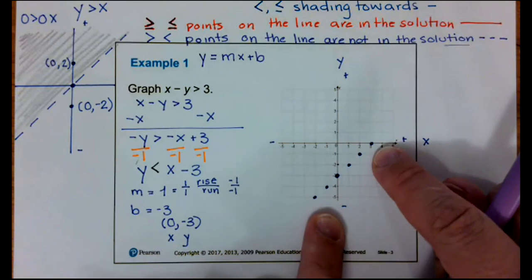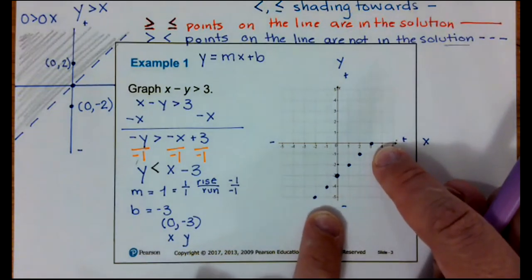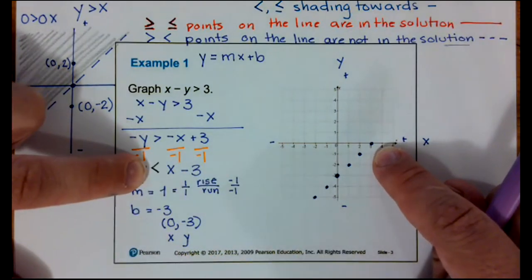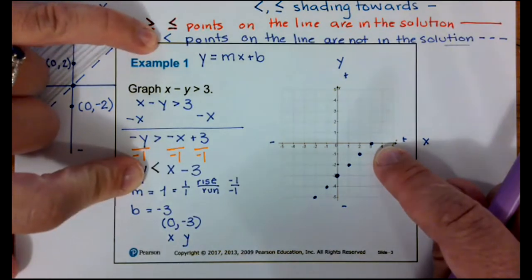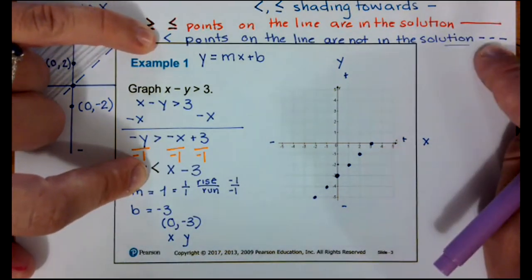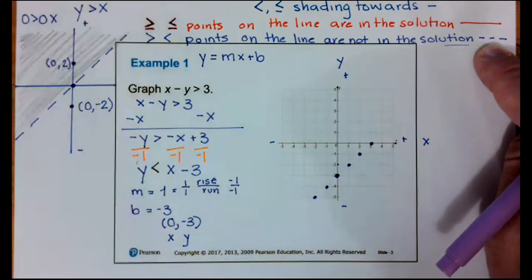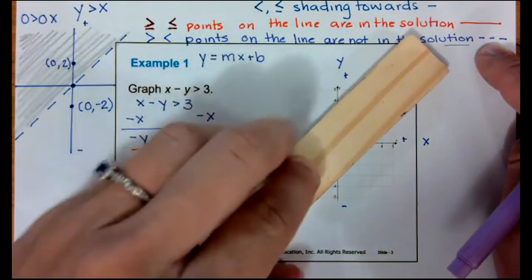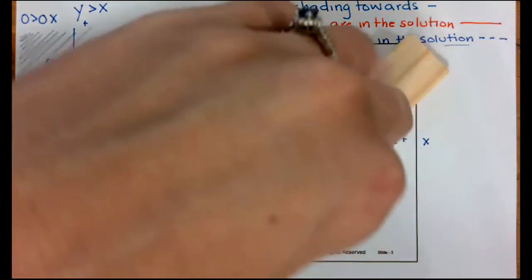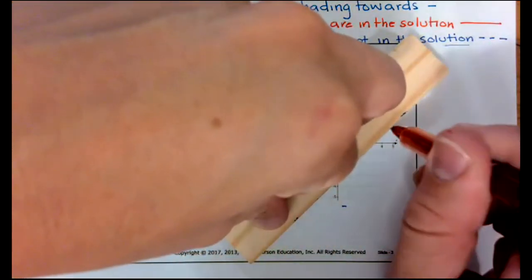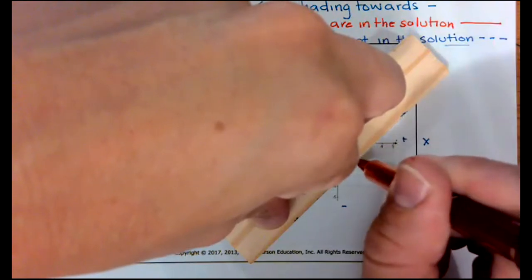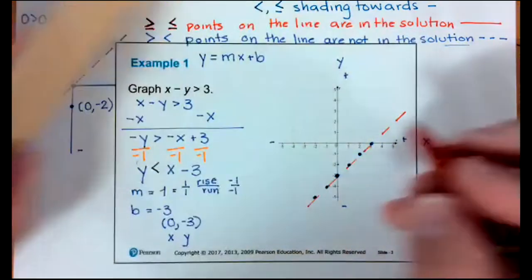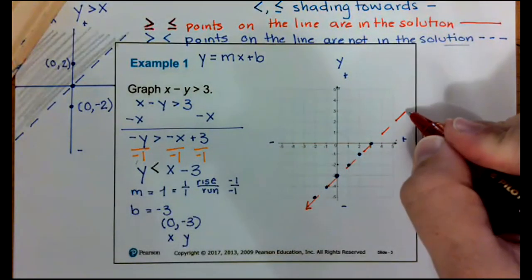Now is when it changes, okay? Now you see that it's a less than. So they are not in the solution, so it's a dashed line. So as I make my line, it is a dashed line. It still goes on forever, so I can put those arrows.